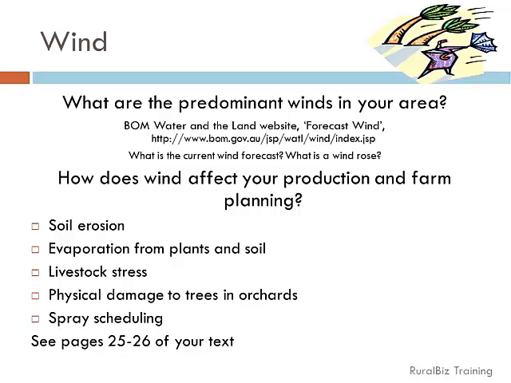It can cause livestock stress. It can push fires in a particular direction. It can heighten fire danger periods. It can cause physical damage to trees in orchards and perhaps your windbreak trees. Sometimes it's not a good idea to have the windbreak trees particularly thick.